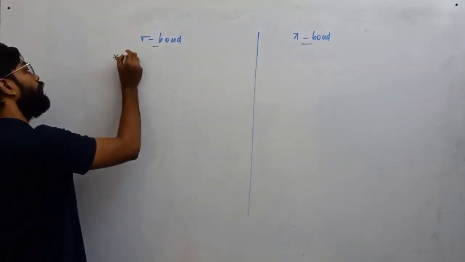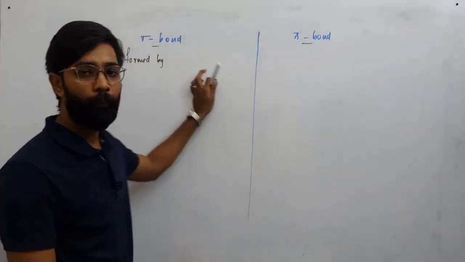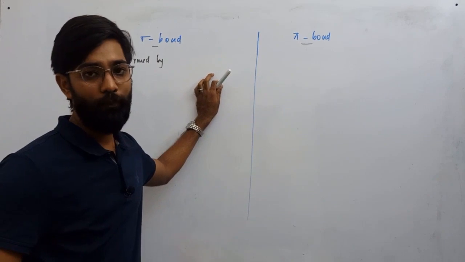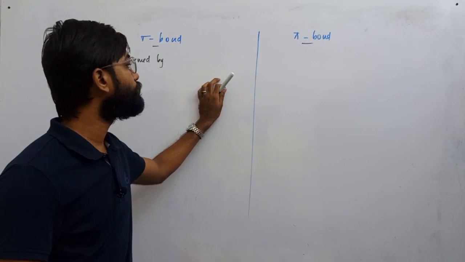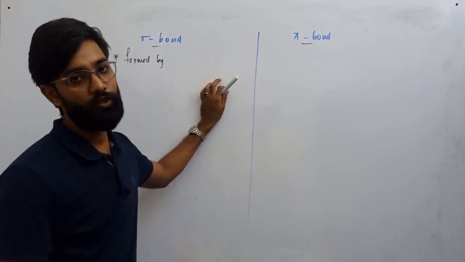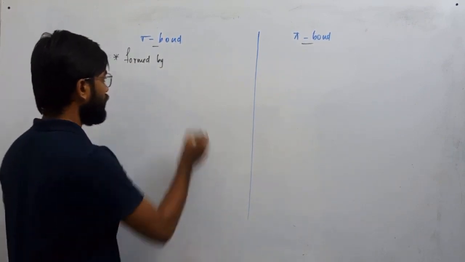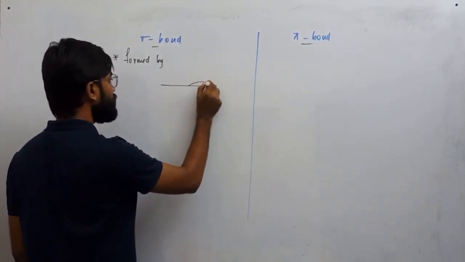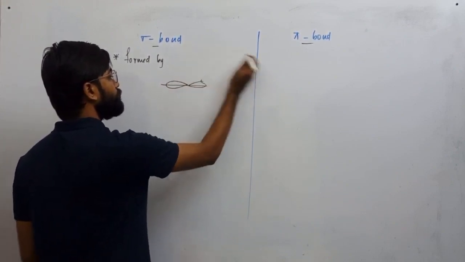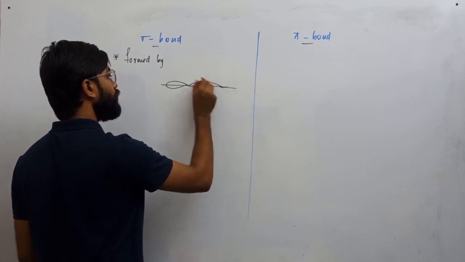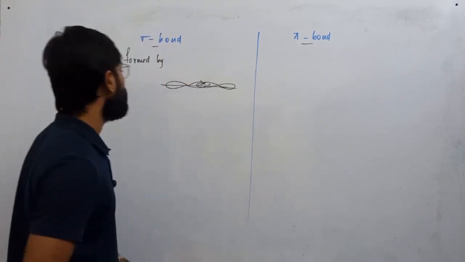What about sigma bond? Write the point: formed by axial overlapping of orbitals across the internuclear axis. We know that this overlapping is across the internuclear axis, and across that axis we obtain the sigma bond.